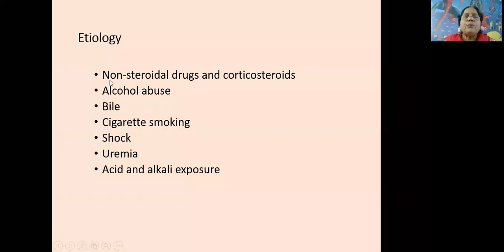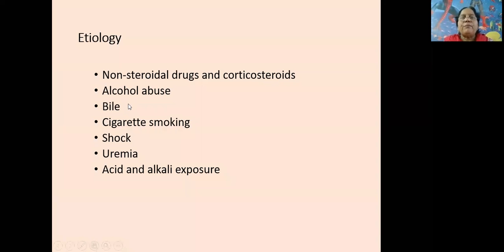The first and foremost is NSAIDs, non-steroidal anti-inflammatory drugs, and corticosteroids. Second is alcoholism, smoking, and bile. How does bile enter the stomach? Some reflux, or when some portion of the antrum is removed, the bile gets back into the stomach.